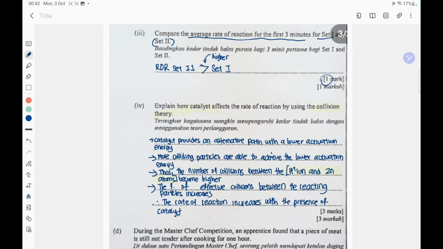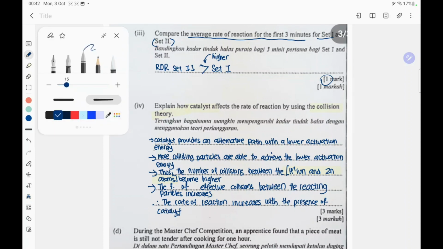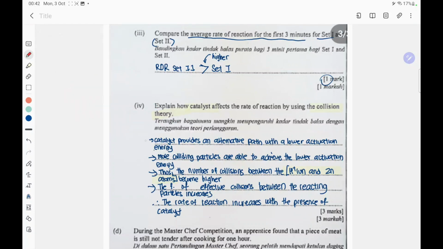So again, how many points do we have? We have 1 point, 2 points, 3 points, 4, 5 points for 3 marks. If you ask me, is it necessary to write all these 5 points just for the 3 marks? My answer is yes. Because sometimes the answer scheme, or what we often know as the schema, might have points for this and this.